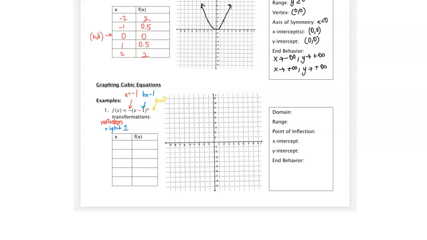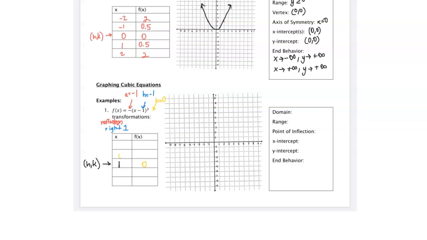In the middle of our table, once again, you place your h and your k. So in this case, remember h is the tricky one. H goes the opposite of what you see up here. So h was -1. In our problem, we're going to place a +1 and then our 0 there. For our x's, come up with the x's around this 1.